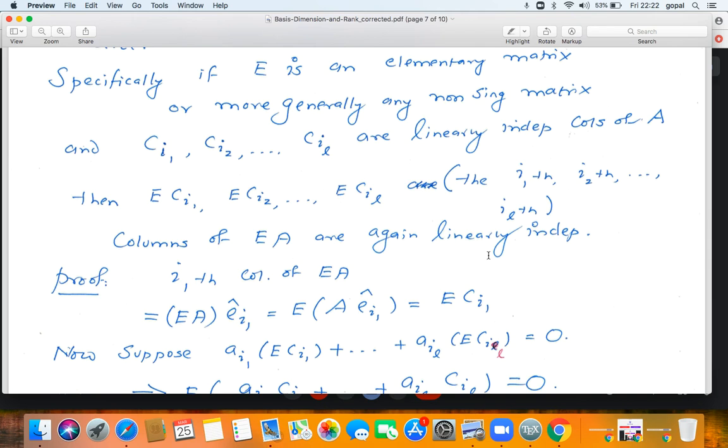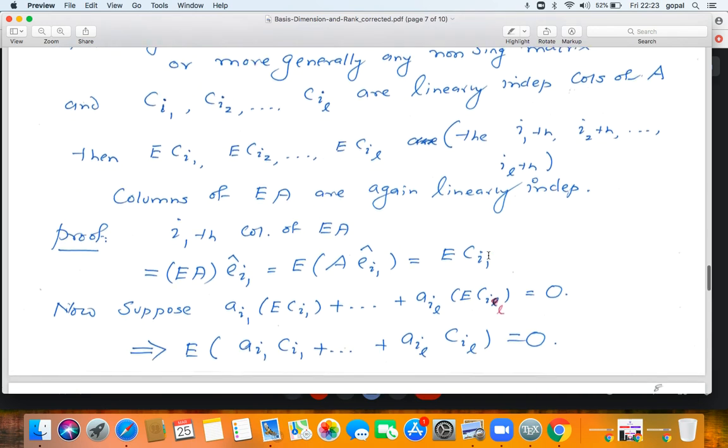Rule 1, remember those 4 basic rules that we wrote down. So the i1th column of EA is simply EA multiplied with e_i1 cap, the unit vector. But matrix multiplication is associative. It will be E times A e_i1 cap, but A e_i1 cap is simply the i1th column of A, so it's Ec_i1. So the i1th column of EA is E times the i1th column of A.